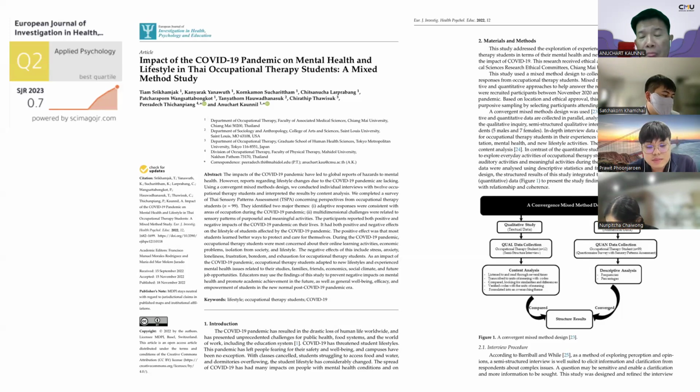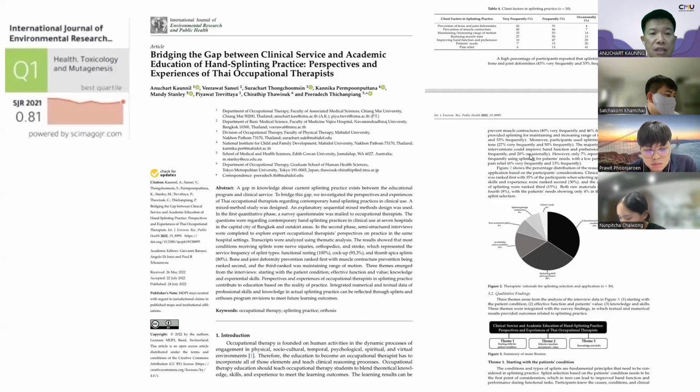Even someone who knows Ajahn Thiam, used T-SPA, and we interviewed the students and combined together the impact of COVID-19 on mental health and lifestyle. And we did not just draw lifestyle in terms of numbers, but combined it with interviews of OT students in Chiang Mai. This is one kind of mixed methods as well. We try to find out the sprint that we study at bachelor level, but whether it's important or not.